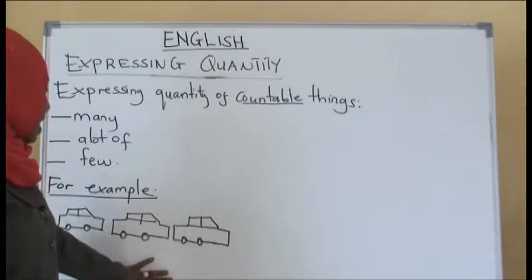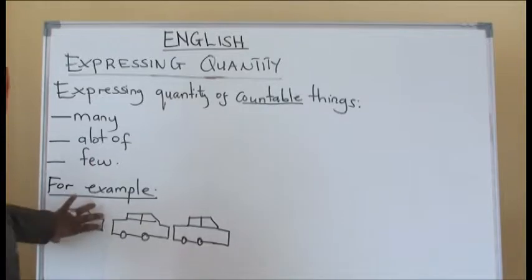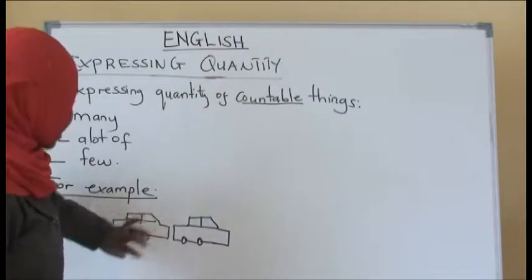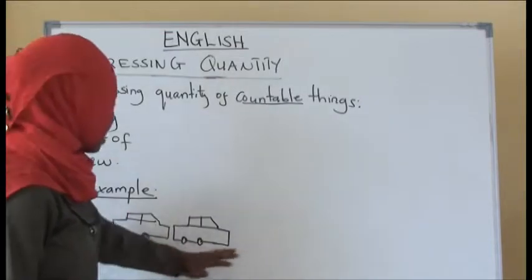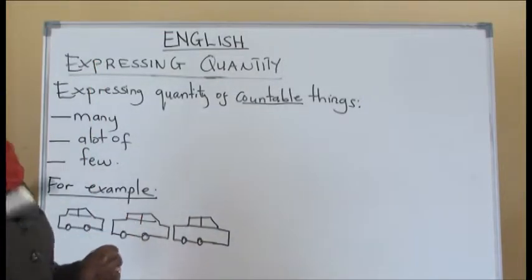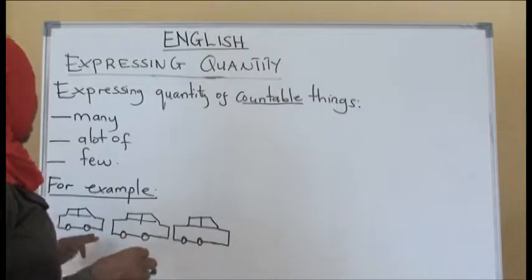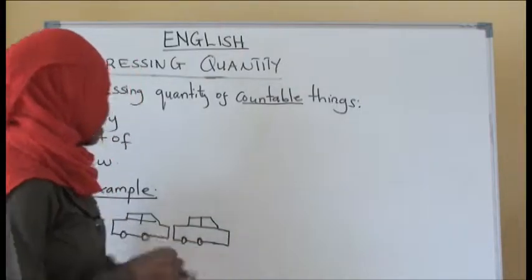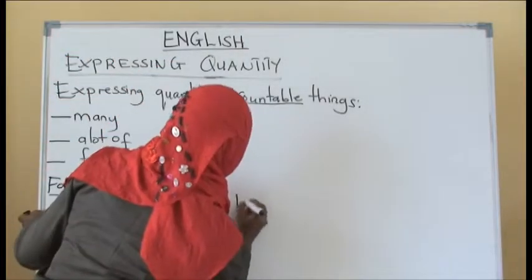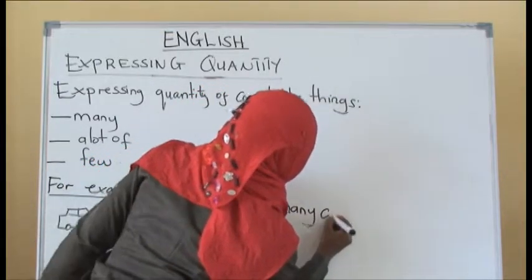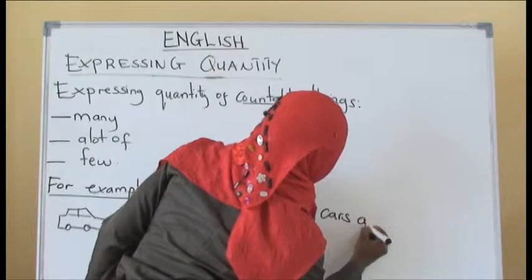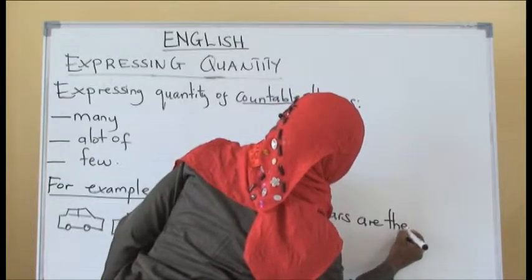You can count these cars like saying, this is one car, this is the second car, and this is the third car. So I have 3 cars here. So if you are to ask me the question, you will be asked, how many cars are there?